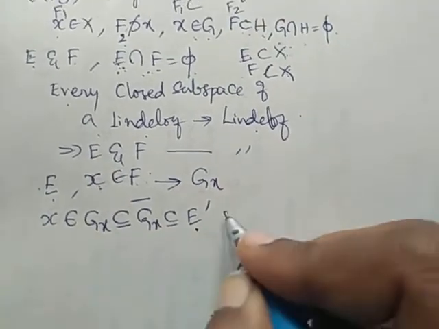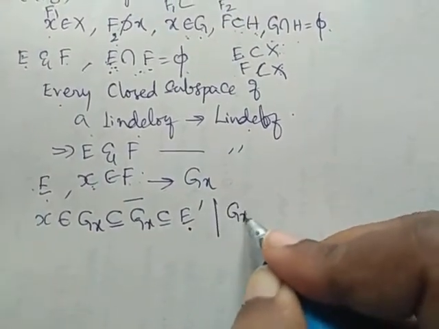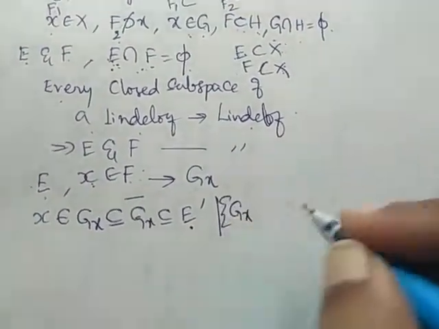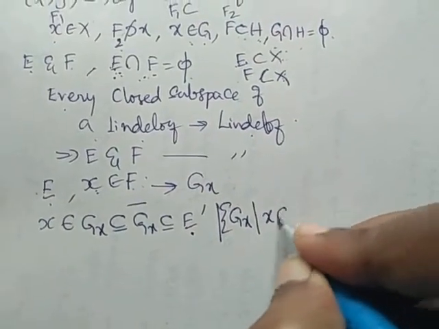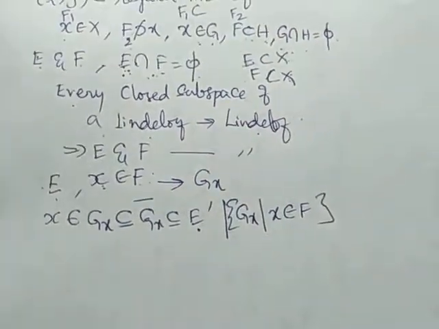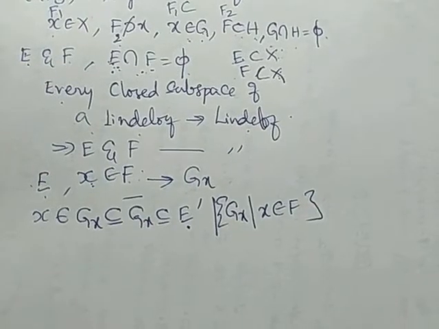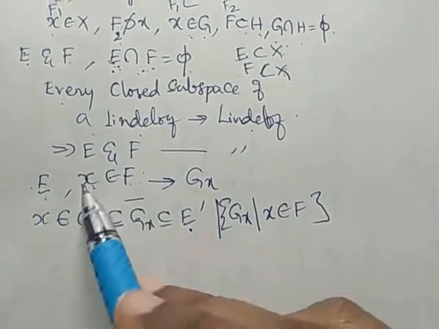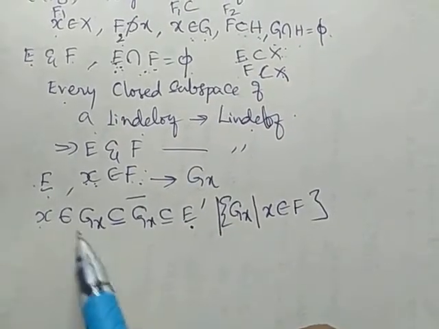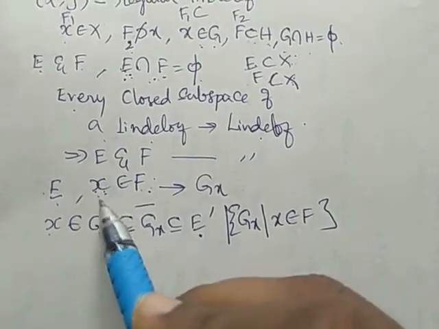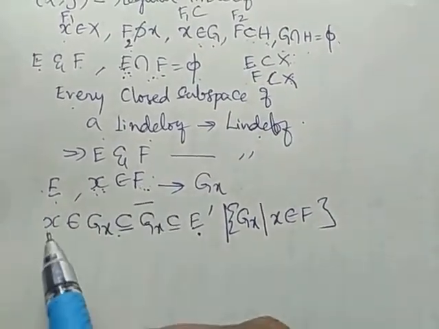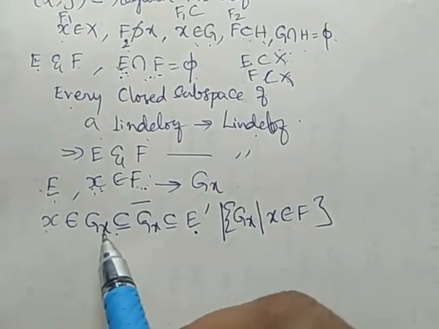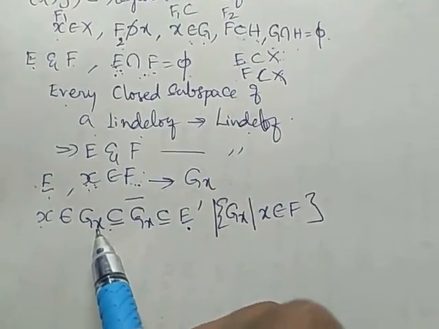Also, Gx, such that x belongs to F, forms an open cover for the set F. See, x belongs to F means x belongs to some Gx. If y belongs to F, then y belongs to Gy, another open set, and so on.